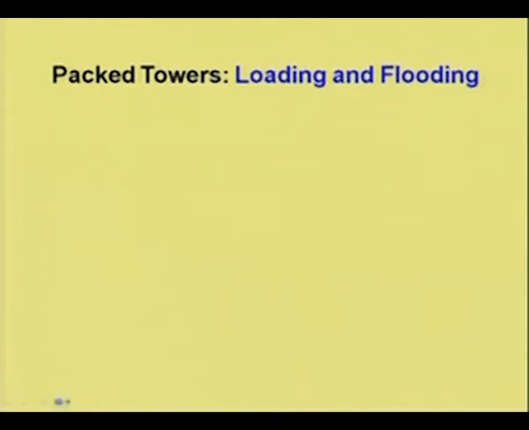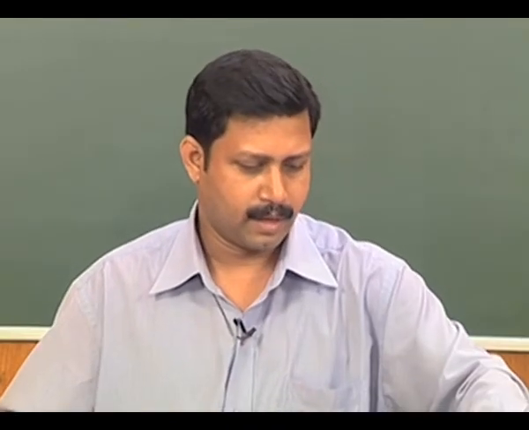Now, we will discuss another important phenomenon which occurs in the tower, the loading and flooding. When the liquid flows down through the packed tower due to gravity, the gas flows from the bottom to the top.